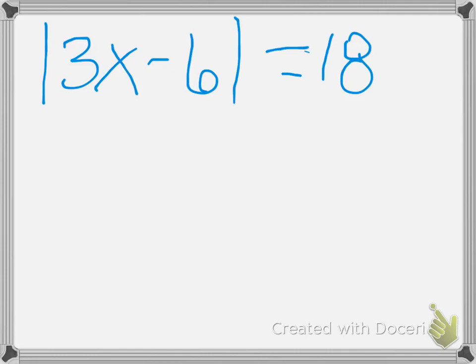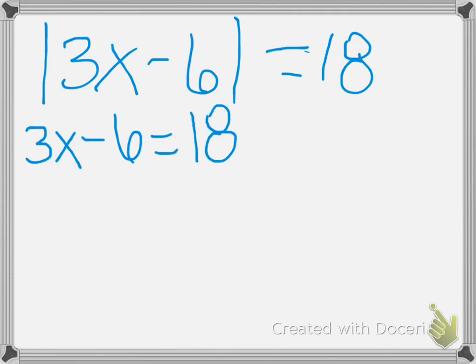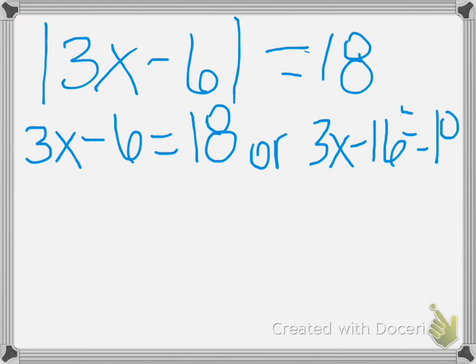We're going to use the definition of absolute value to write two equations. The first equation is going to be 3x minus 6 equals 18. So it's going to look just like the original equation, just without the absolute value symbol. Or 3x minus 6 equals, and I'm running out of room, negative 18.